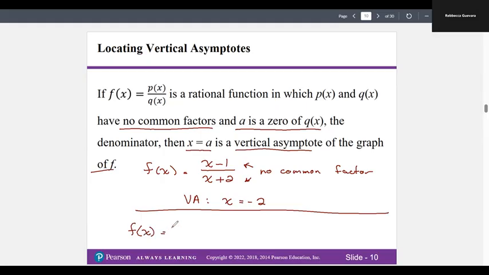If I had f of x is equal to x plus 2 over x plus 2, we can't just say this is 1, because it's still undefined at x equals negative 2. So here we have a common factor, which is x plus 2. So we'd have no vertical asymptote at x equals negative 2.